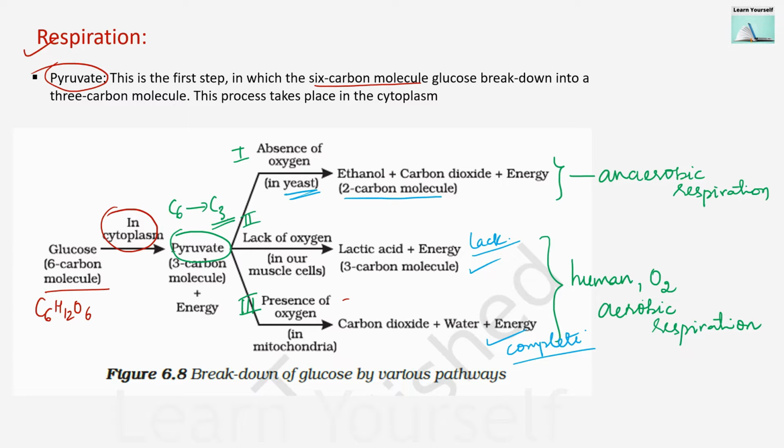So these are the differences. When the pyruvate 3 carbon molecule further gets burned, it will give energy. So anaerobic respiration and aerobic respiration, and under aerobic respiration there are 2 types of processes, with limited amount of oxygen and with complete amount of oxygen.